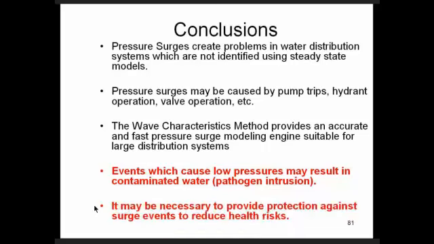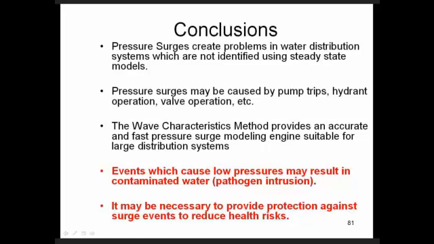Well, there's just a few conclusions here. Pressure surges create problems. Low pressures in drinking water systems are really a bad thing. The wave method provides accurate and efficient solutions, and also it provides you an intuitive basis for looking at what might happen.